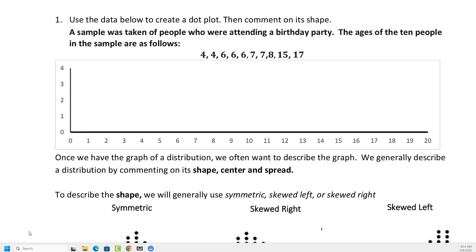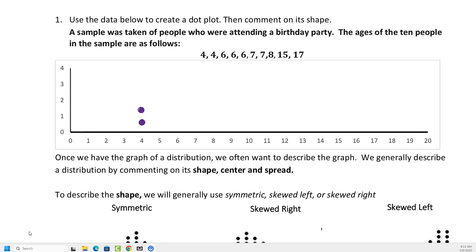Let's see here. So I'm going to make a dot plot, and I will pick, let's just use this purple here. And you can see the first one is that there's 2 people that are 4, right? So I'll put 2 dots for each of those that are 4.